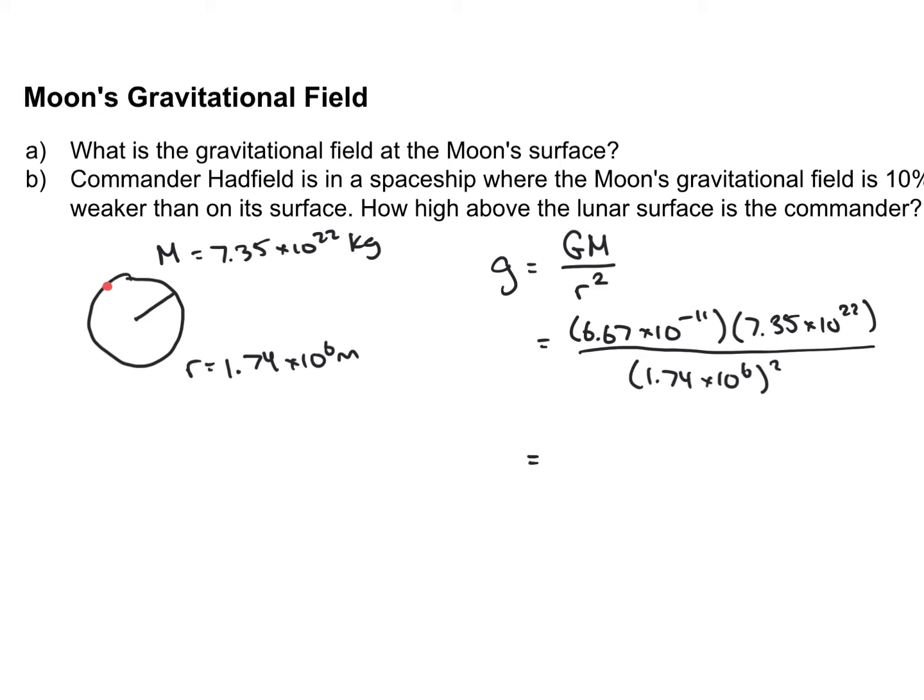Now I know that the answer should turn out to be approximately 1/6 of the value for Earth, so we'll see if we get that. Okay, putting it in the calculator now.